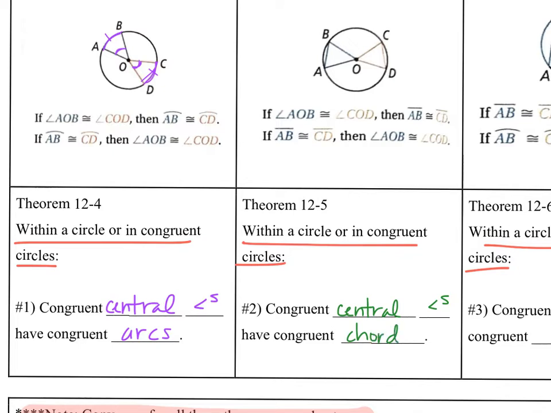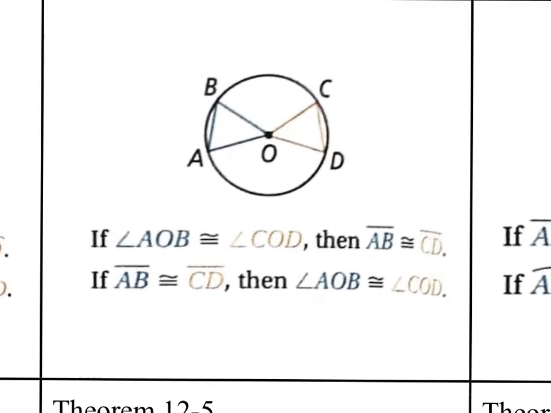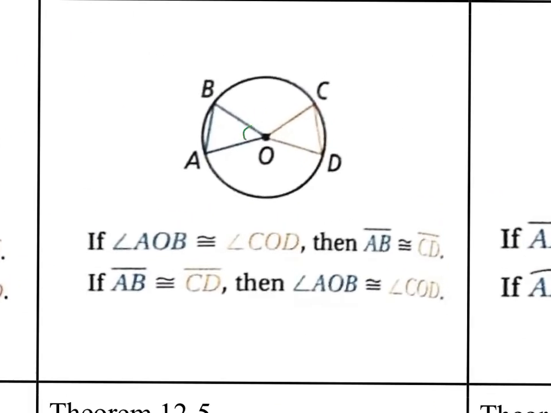And remember, a chord goes point to point on a circle. So what that one is saying is if I know that these 2 angles are congruent, then I know that these 2 chords are also congruent. So chord AB and chord CD would be congruent segments.